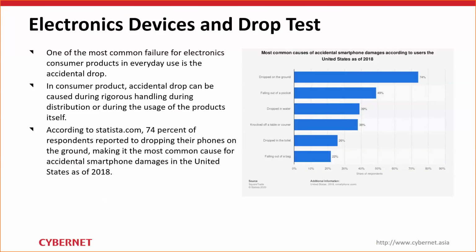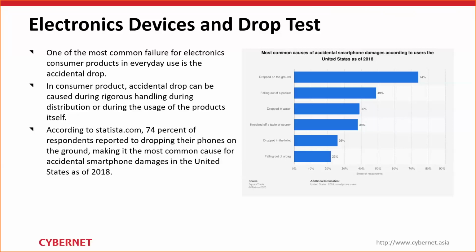According to statista.com, in the survey of the most common causes of accidental damage, according to the end users, in the United States in 2018, 74% of the respondents reported dropping their phone on the ground, making it the most common cause for accidental drops, followed by dropping out of the pocket.